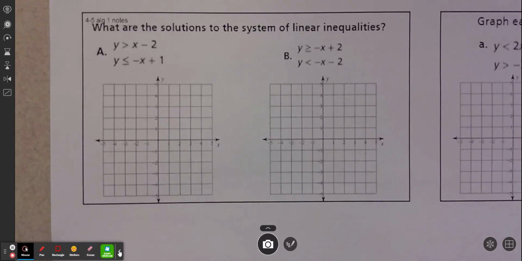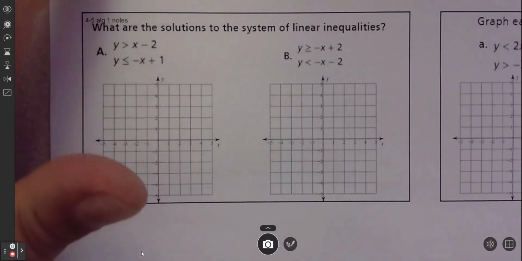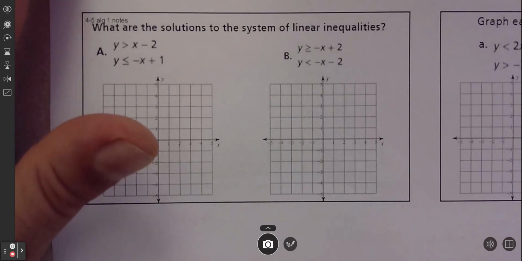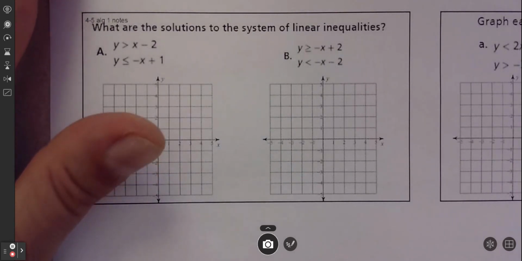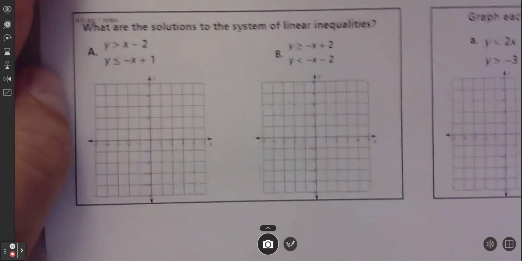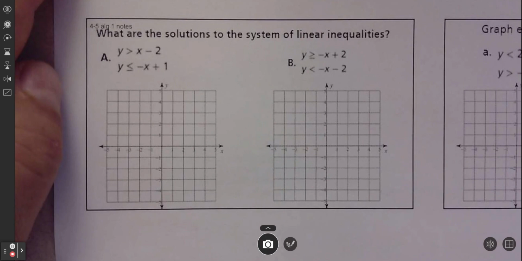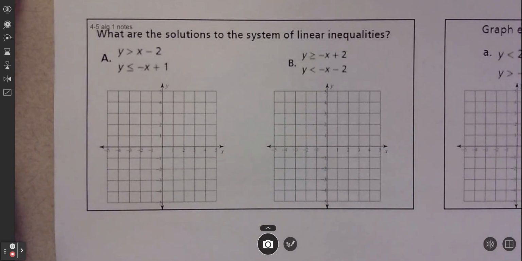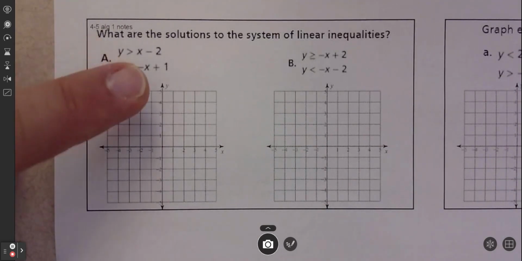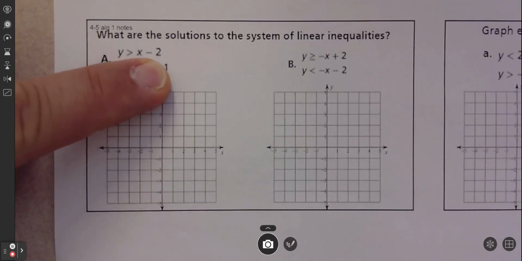How is this different than what we just did yesterday? It's a system of inequalities. Yesterday I gave you one inequality and said graph it.